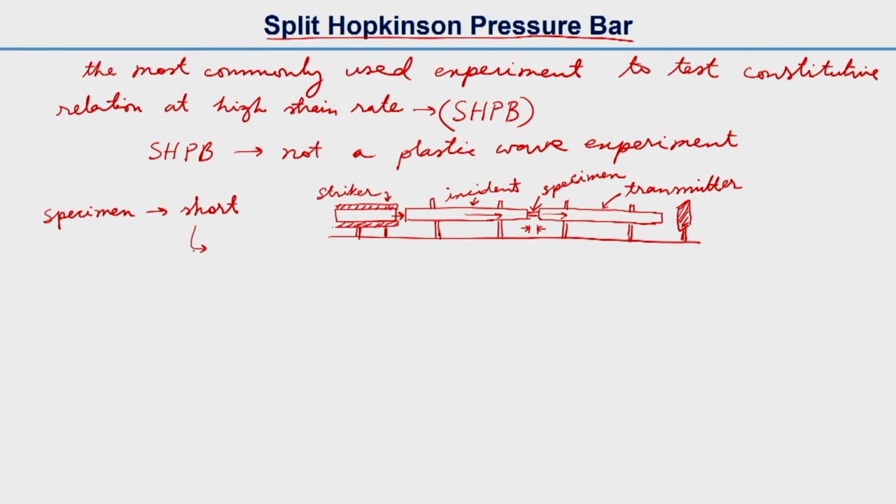But although the specimen is plastically deformed, this is not considered a plastic wave experiment, because the specimen length is very short. The pulse length is longer than the specimen length.